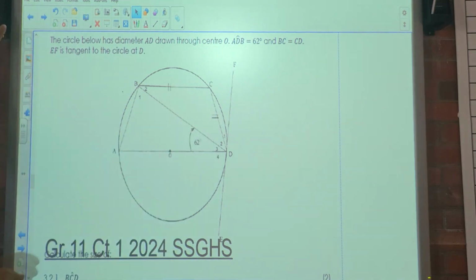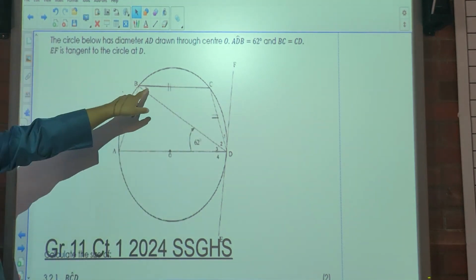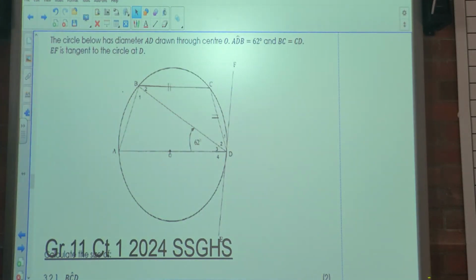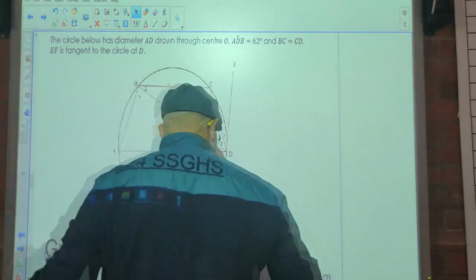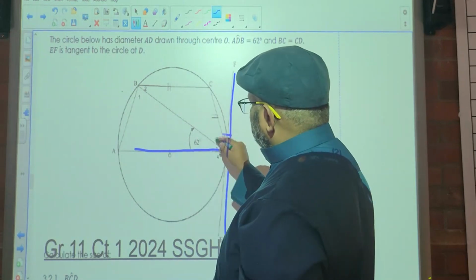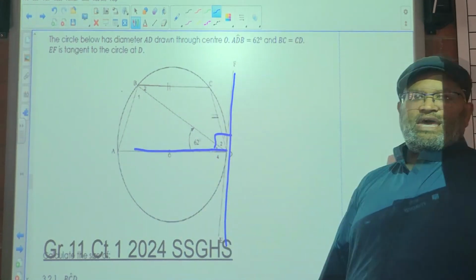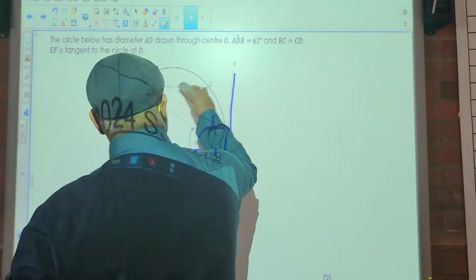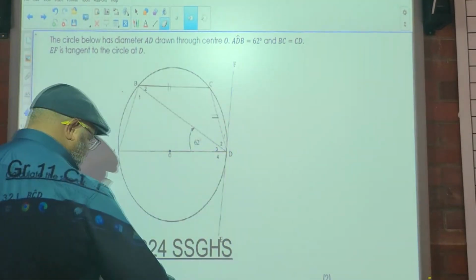If BC is equal to CD, what do we know? That B2 is equal to D2, angles opposite equal sides. If it's a tangent to the circle at D, then the diameter and tangent make an angle of 90 degrees. Okay? So with that in mind, let's answer the questions.